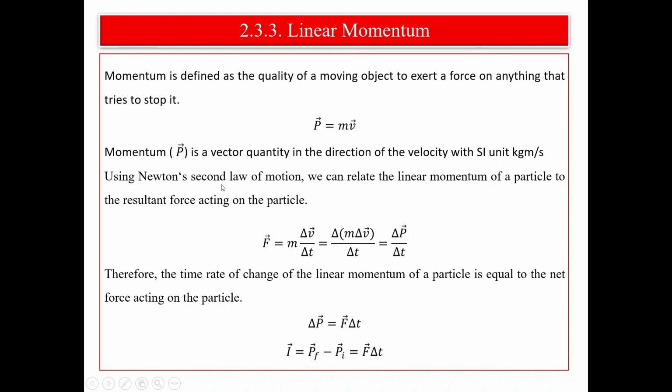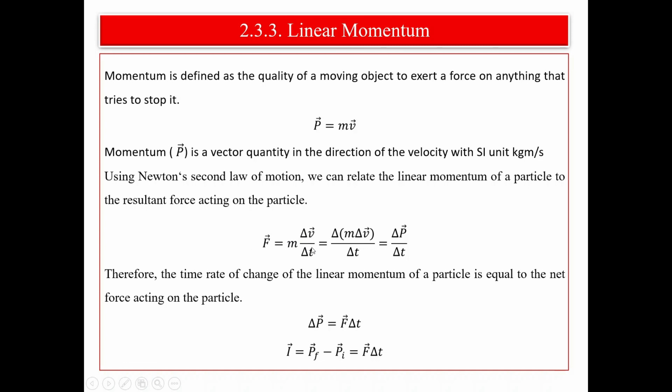Using Newton's second law of motion, we can relate the linear momentum of a particle to the resultant force acting on the particle. So force is equal to m change in v over change in t. Change in v over change in t, we know that it is an acceleration.